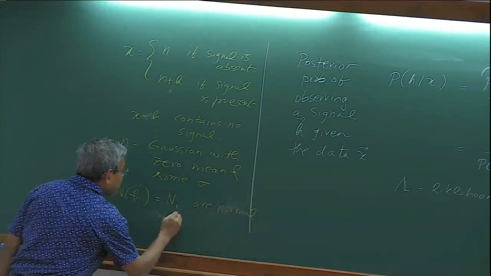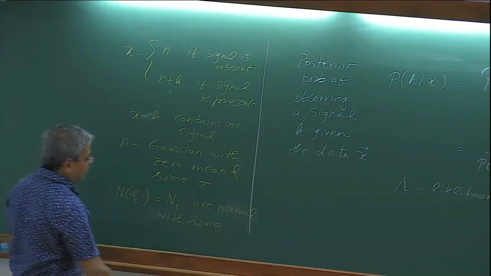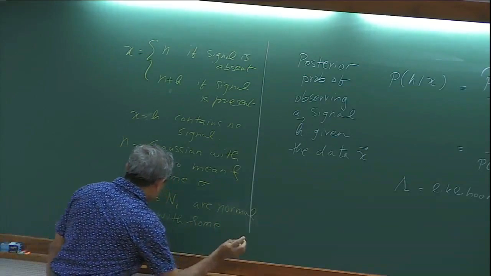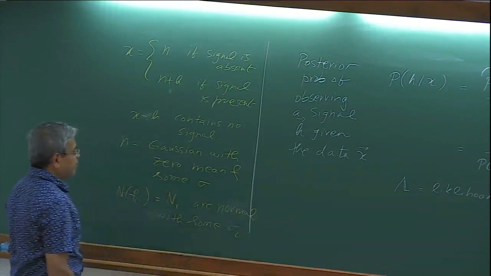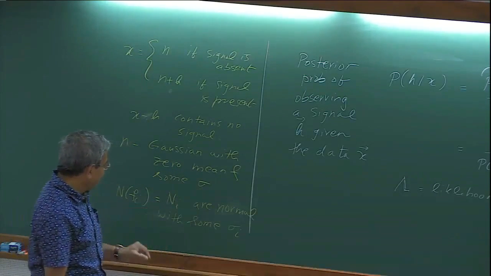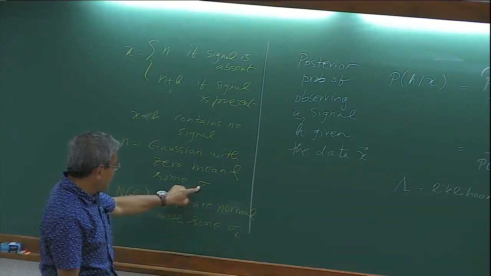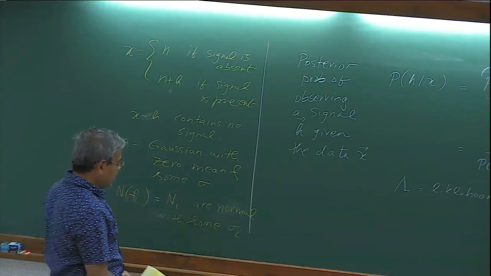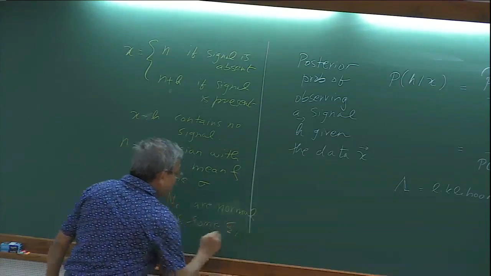with some variance, which I'm going to call sigma_i. So these sigma_i's are not the same as that sigma here. I probably could use the capital sigma, maybe, just to have the same analogy.